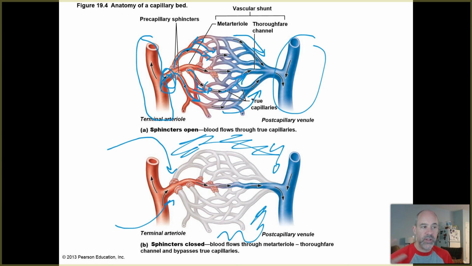If those tissues are already well oxygenated, don't need any nutrients, don't need any oxygen gas, they're not really overly metabolizing, then those sphincters will close, and that way you're not sending blood flow into that capillary bed when it's not needed. The blood still needs to bypass, and that's where it flows through this thoroughfare channel and then directly gets dumped back over here into the post-capillary venule.